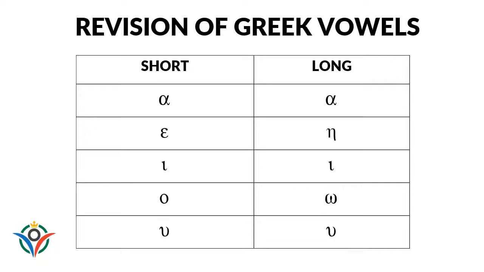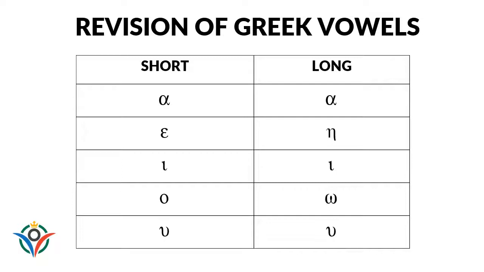Now, before we look at contract verbs, one needs to have mastered the Greek vowels, because Greek vowels play an integral part in understanding contract verbs as well as their rules.